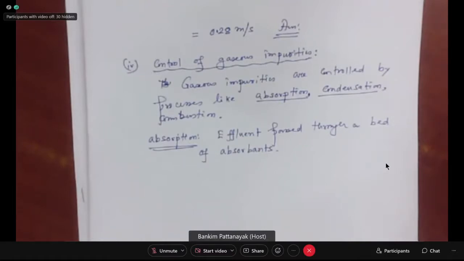You have to select the proper material and, after studying the particulate distribution, the main size of the particle, design the mesh in such a manner that the particulate matter is physically separated, and then you clean it. That is why at frequent intervals you have to clean the air filter or oil filter in order to maintain its effectiveness.